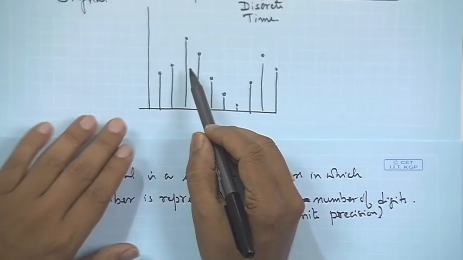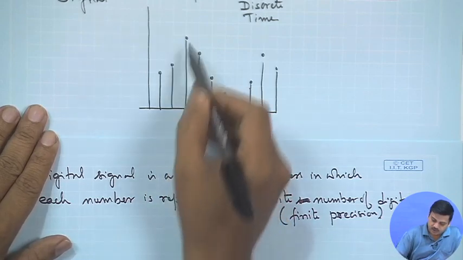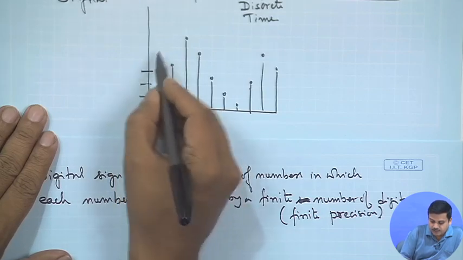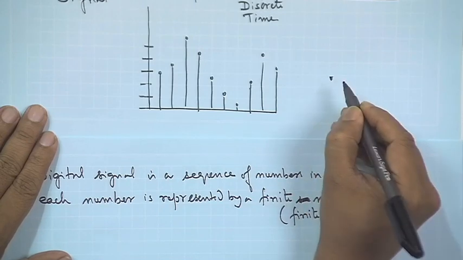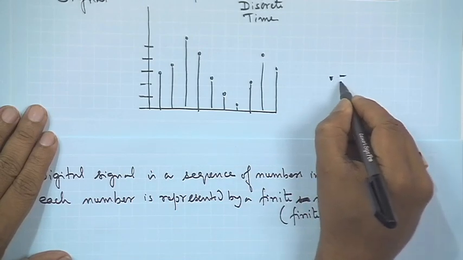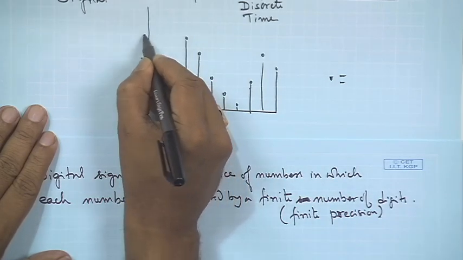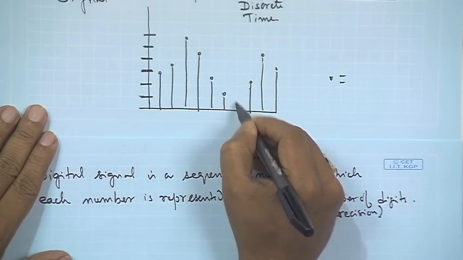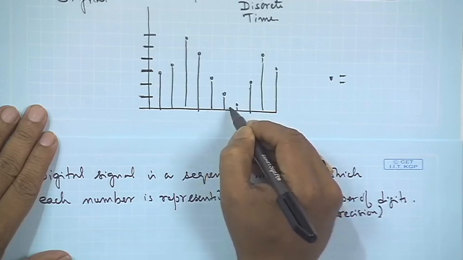So, once we have this sequence, if we have to represent this exactly, what we need to convert is to finite precision. That means, we need to have specific intervals. If it is infinite precision, that means these intervals are infinitesimally small. So, they cannot be, they must be of finite precision. So, finite precision means there are some intervals, and what is generally done is, if the signal lies within a particular interval, then it is accorded a particular value corresponding to that interval.